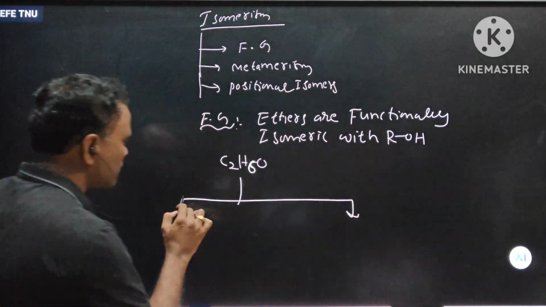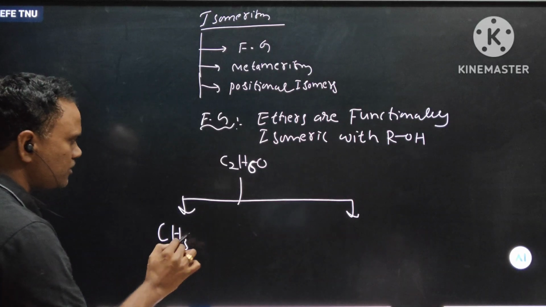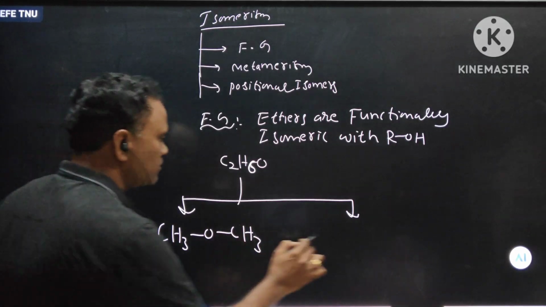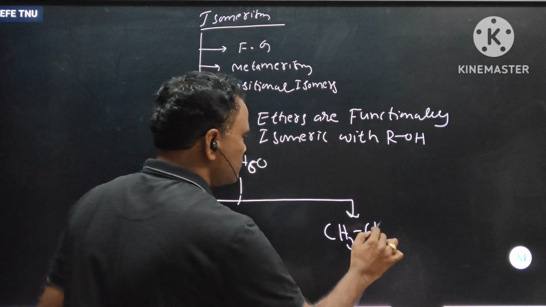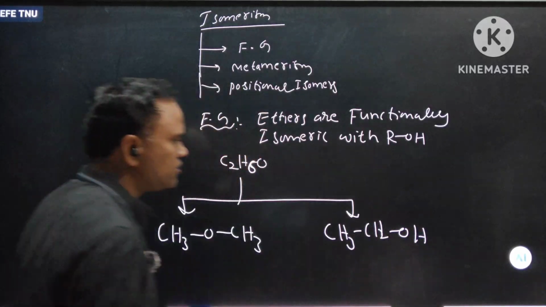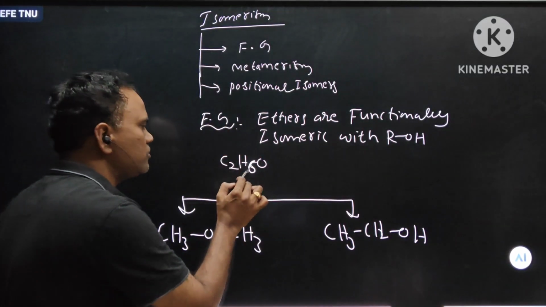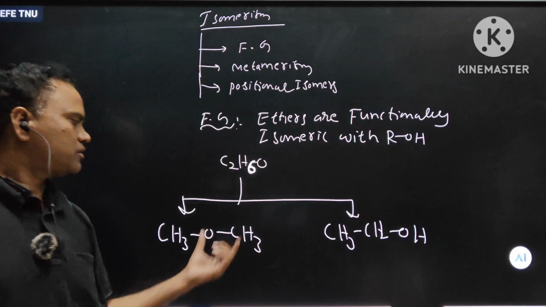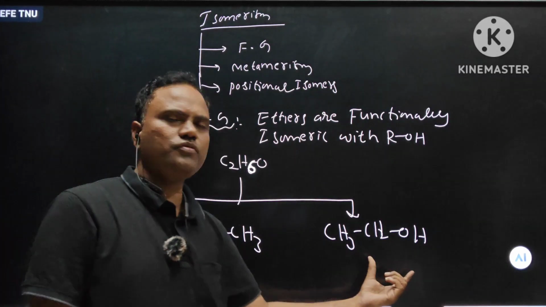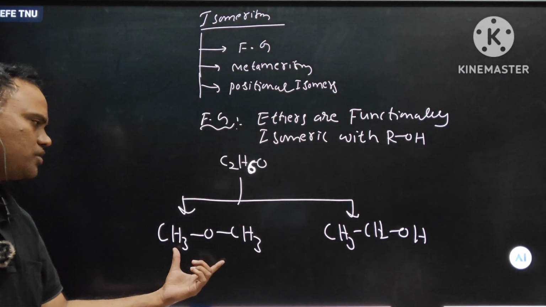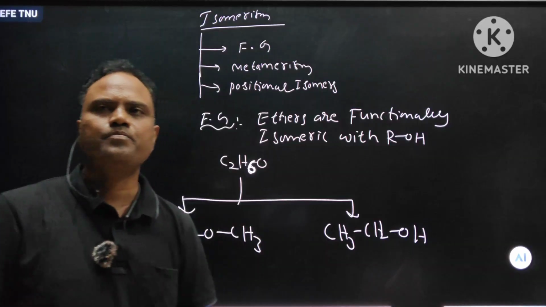For this you can write an alcohol and an ether: CH3OCH3 ether, CH3CH2OH alcohol. Both have the same molecular formula, C2H6O, but here the functional group is ether and here it is alcohol.